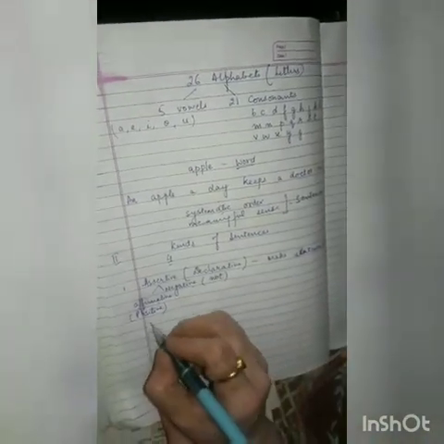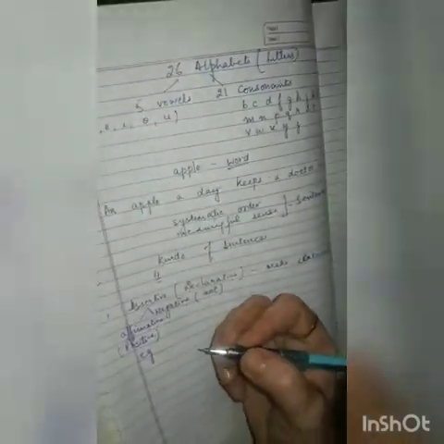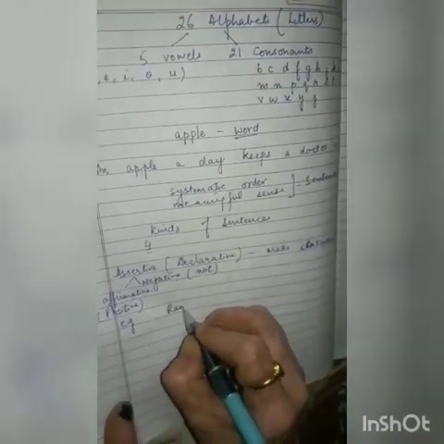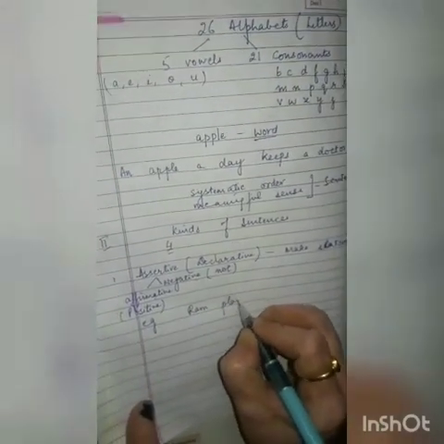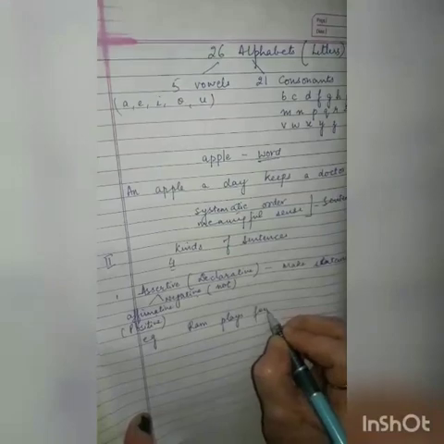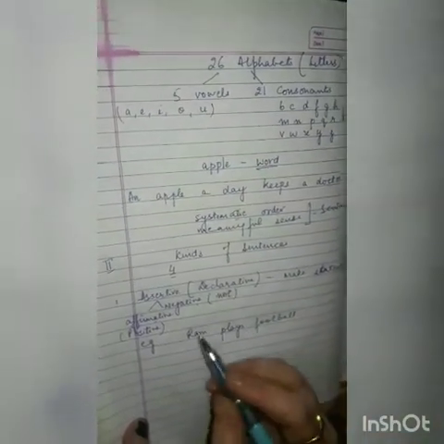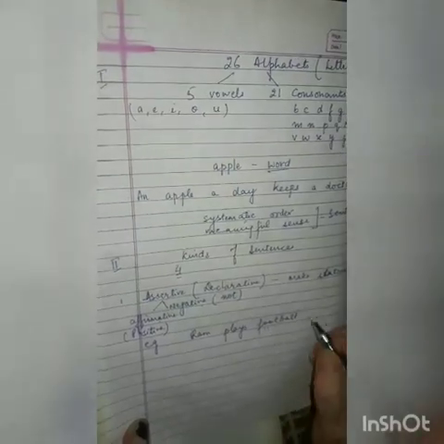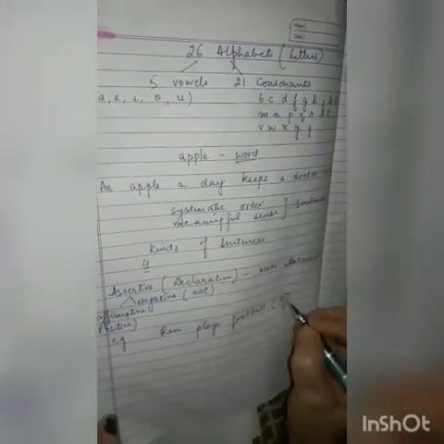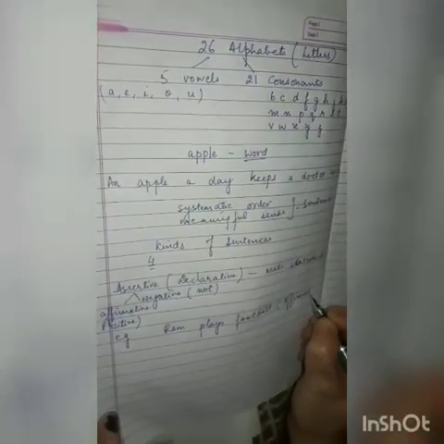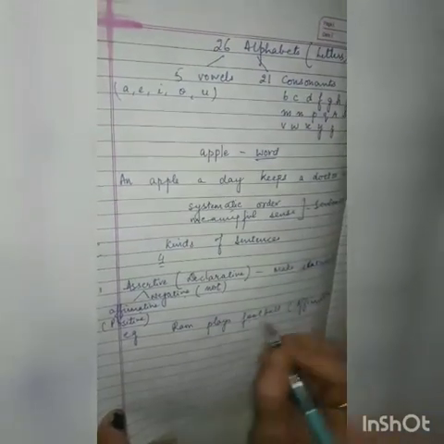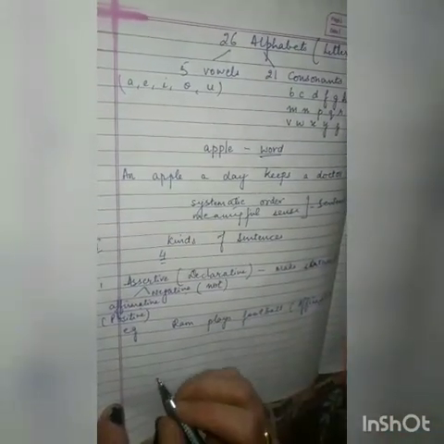I'll give an example: Ram plays football. This is an assertive sentence in affirmative form, where the sentence has a positive meaning.